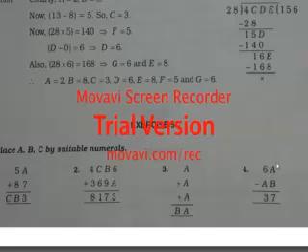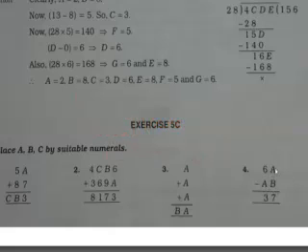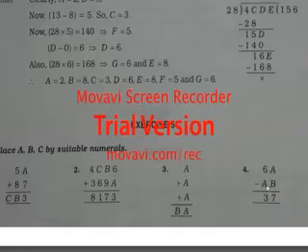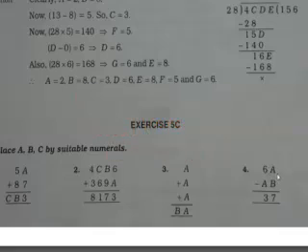Then you will ask what the answer will be. So let's see, a will become 2. Why am I saying 2? Because this number will become 12 with 1 taken as carry, and 12 minus b is 7.